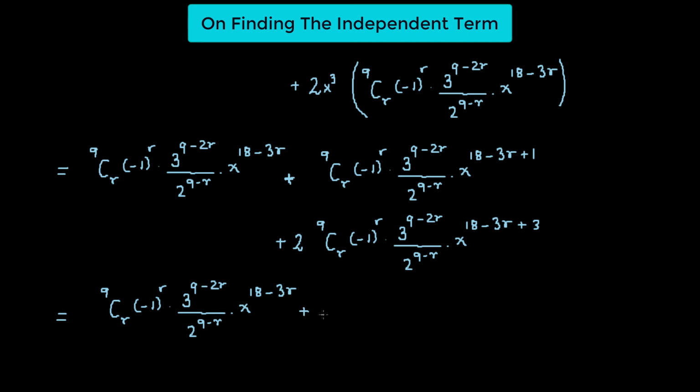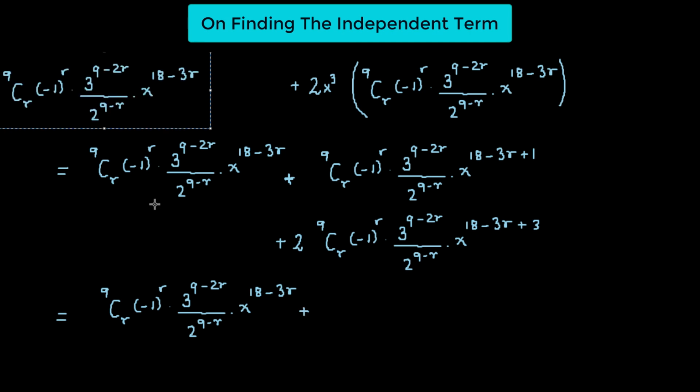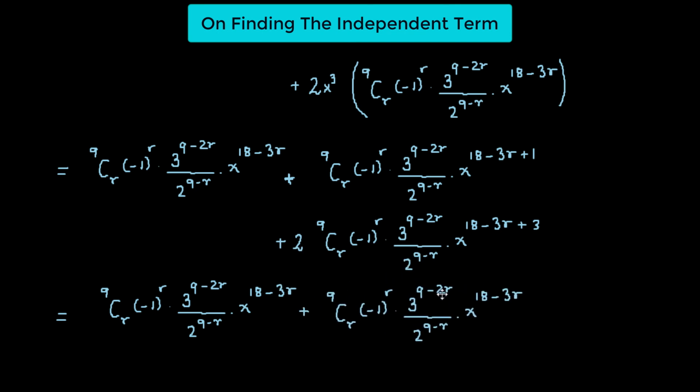plus this will be now 19 minus thrice of r.